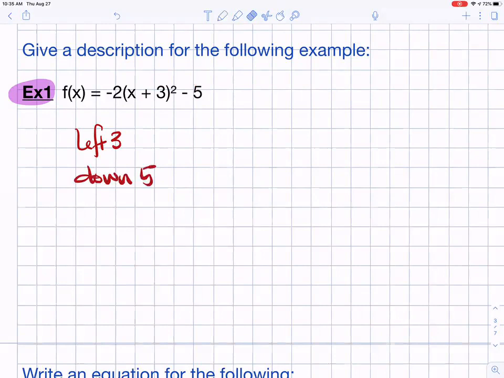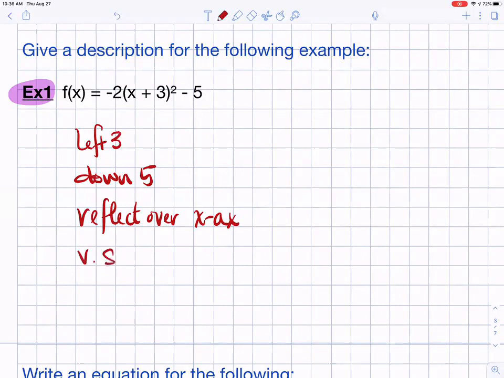Okay? What about, I actually have 2 pieces out in front, this and this. So we have to describe these separately because they have 2 separate jobs, right? So let's look at the negative. What does that piece tell me to do? Reflect over the x-axis. Okay, and what does the 2 tell me to do?